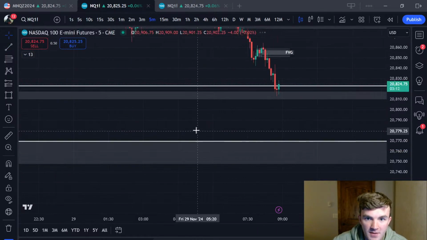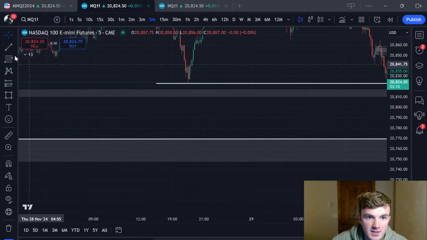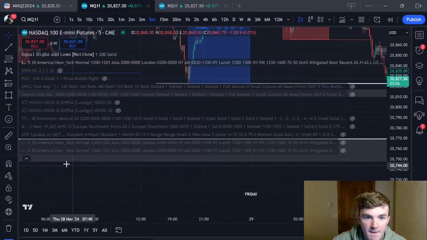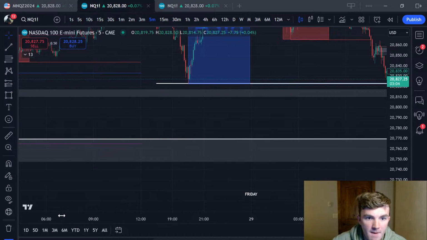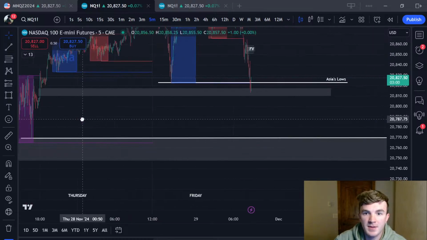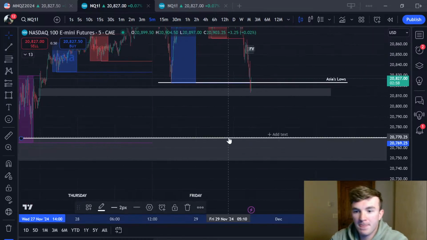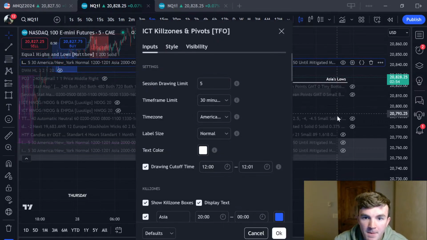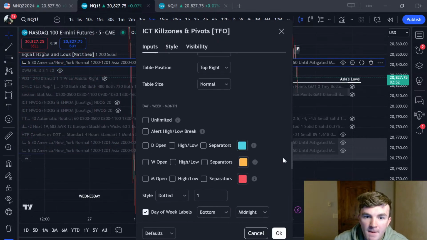If I go to the lower time frame, you can see how over here it's New York PM's lows overlapping with... I need to turn on the previous day's high and low.